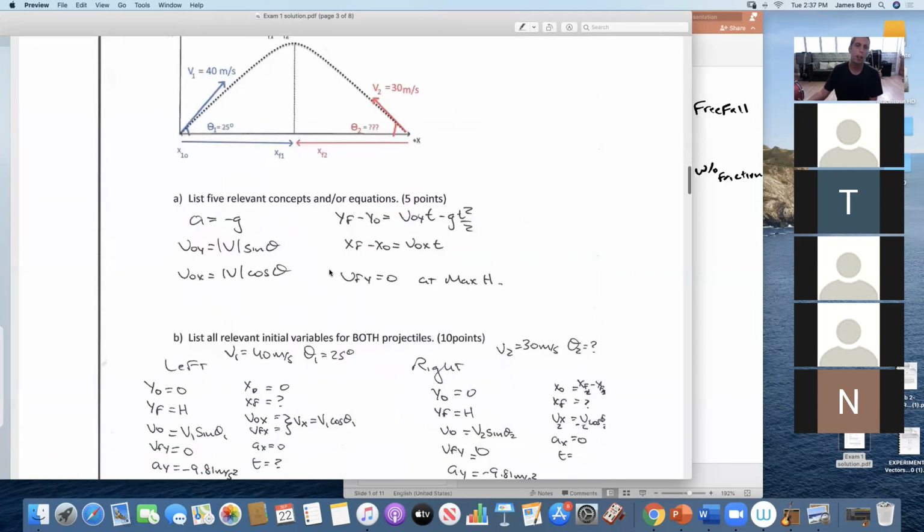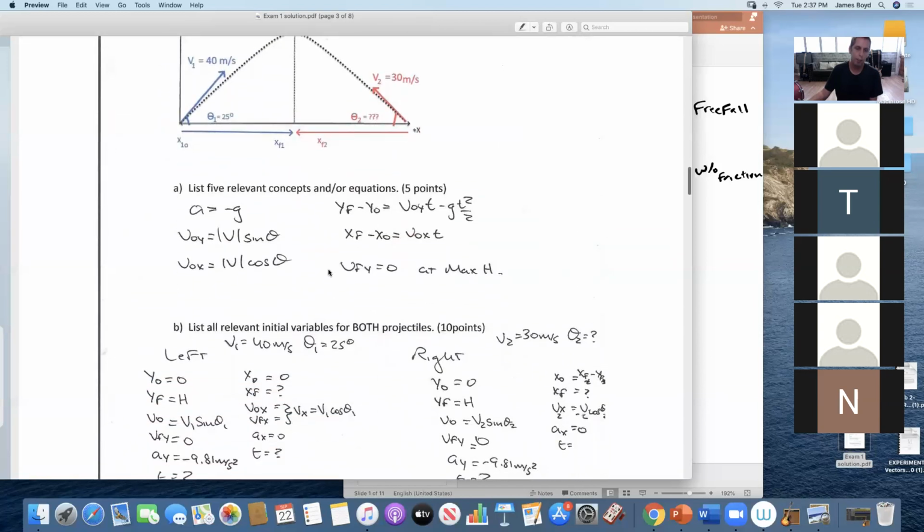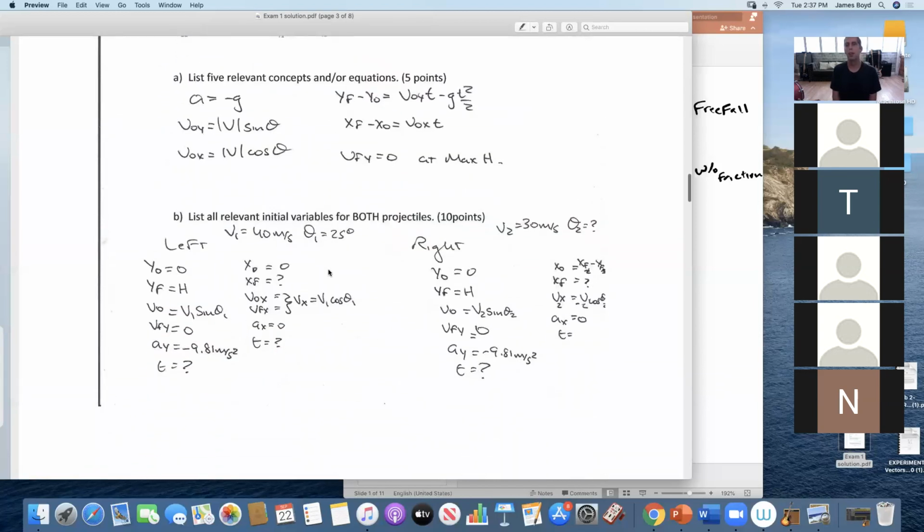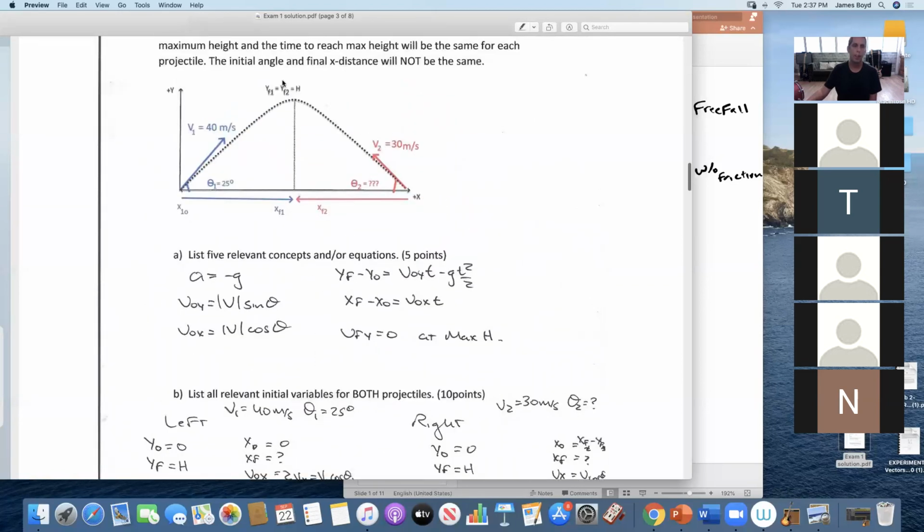Okay. The first thing that you do in projectile motion is list your variables. Now you need to decide what part of the motion you're talking about. The variables are different when we're going to max height versus full.